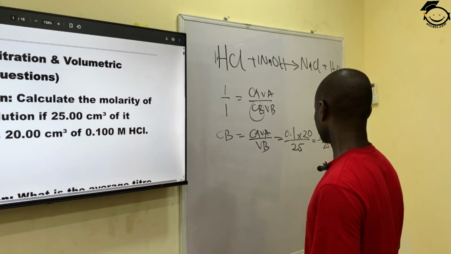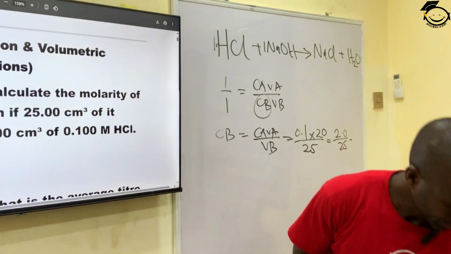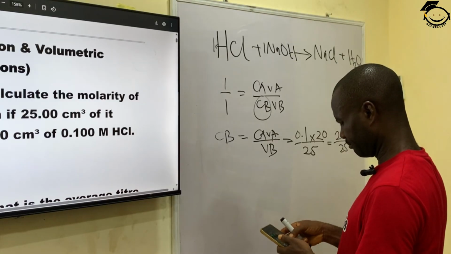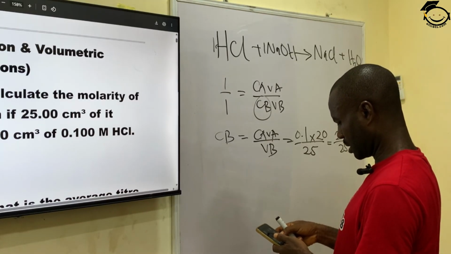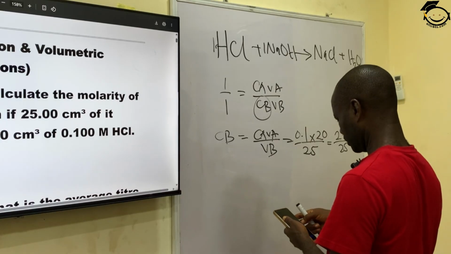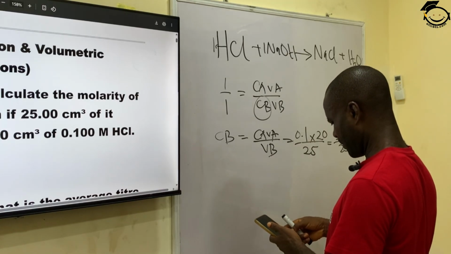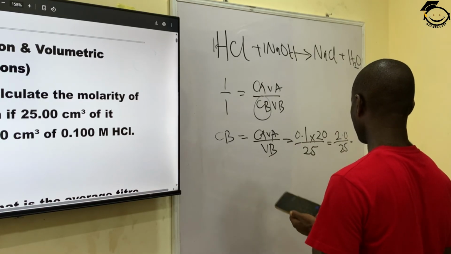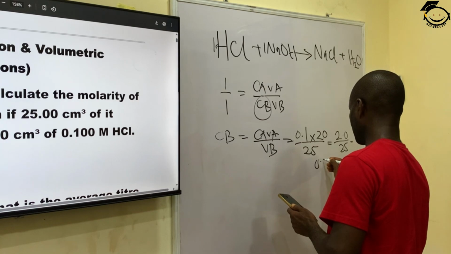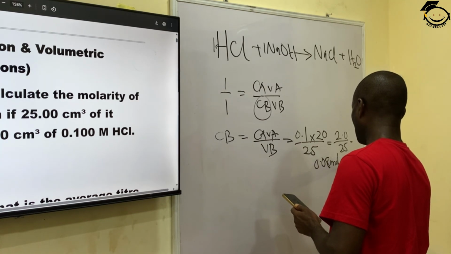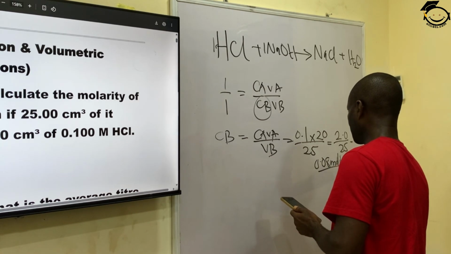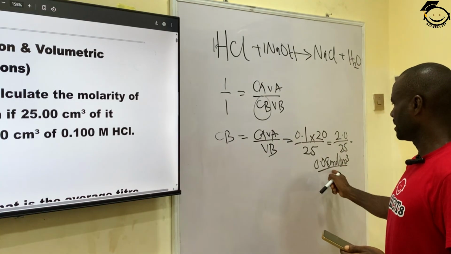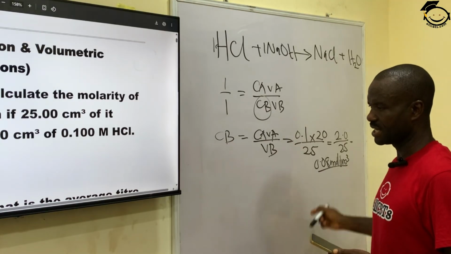So solving that, on the calculator, 2 divided by 25 will give us 0.08 mole per dm3. Concentration in mole per dm3, which is otherwise known as molarity, is 0.08 mole per dm3.